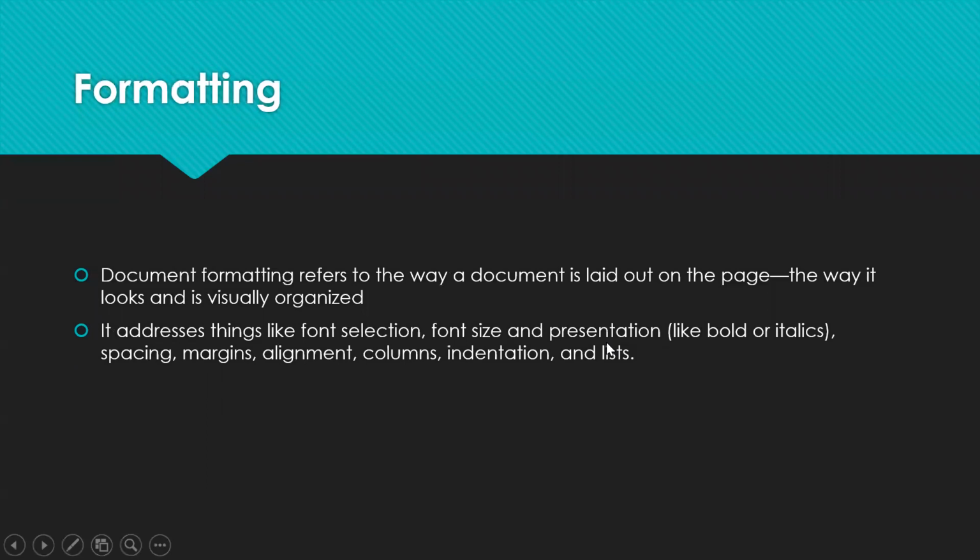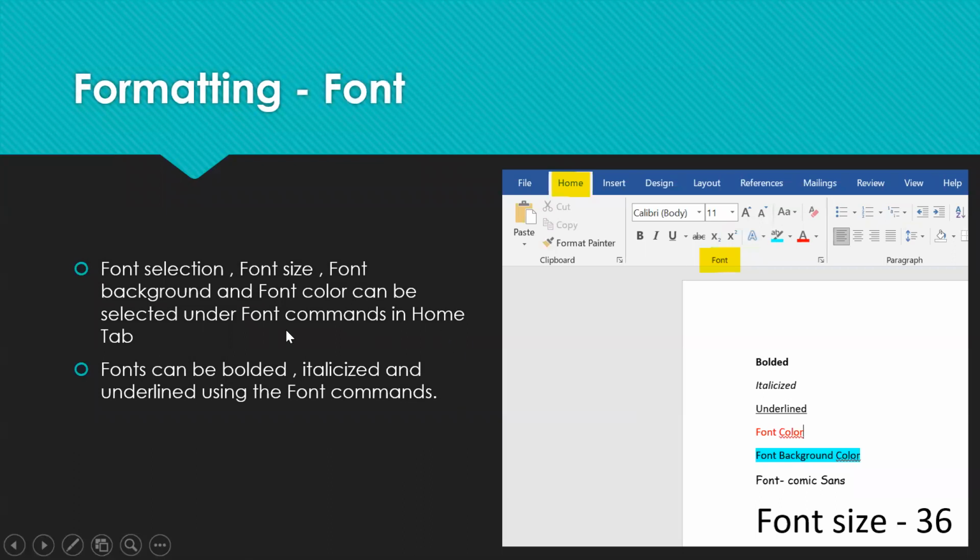And after that we saw about document formatting: how to do paragraph formatting, and how to do alignments, spacing, margins, and all these things, right? First we saw font formatting.